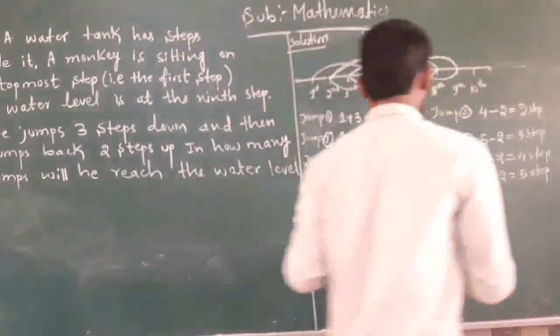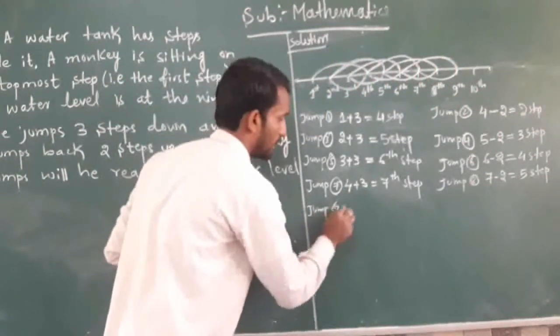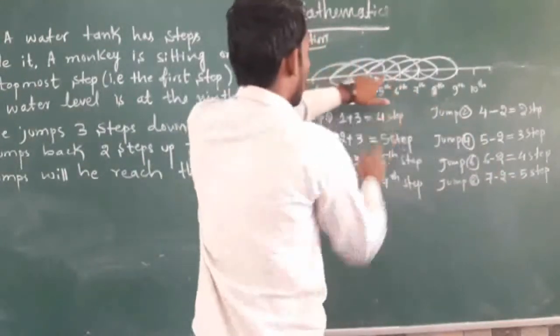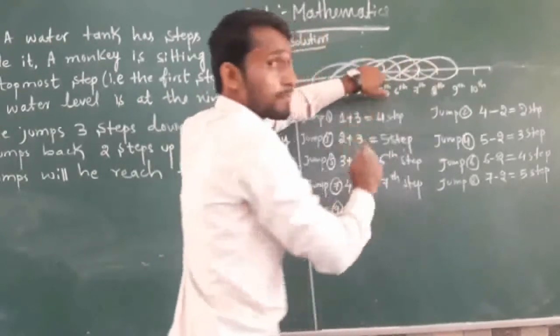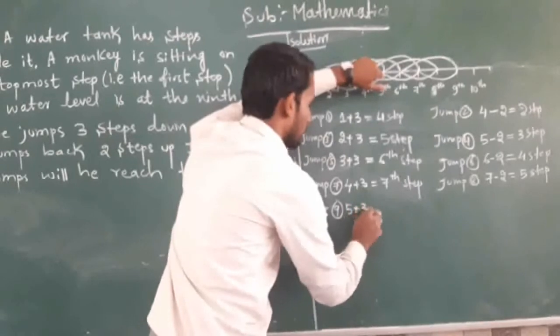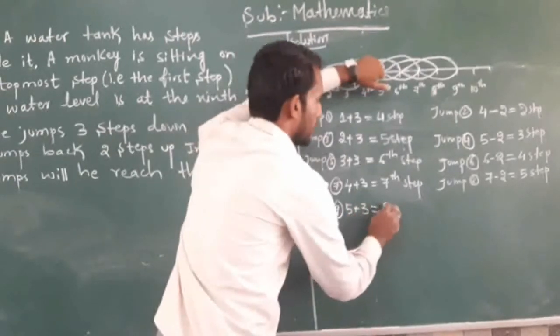Next, jump number 9: the monkey is at the 5th place, and jumps 3 steps downside, so 5 plus 3. What is the answer? 5 plus 3 is the 8th step.